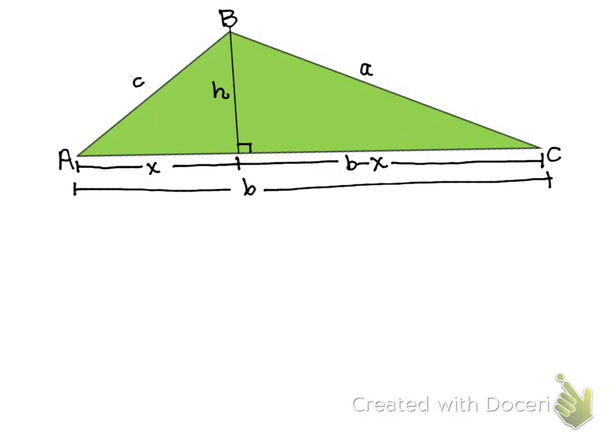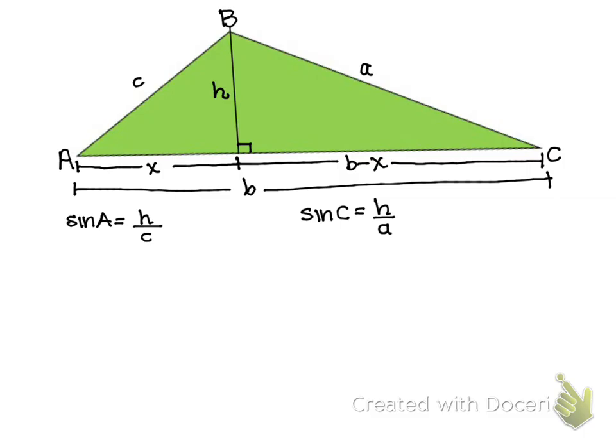So I know that sine of big A in this triangle on the left-hand side is going to be opposite over hypotenuse, using what I already know about sine, cosine, tangent. I'm going to do the exact same thing on the other side. So sine of big C is equal to H over, well, the hypotenuse here is little a. So I have two sine ratios.